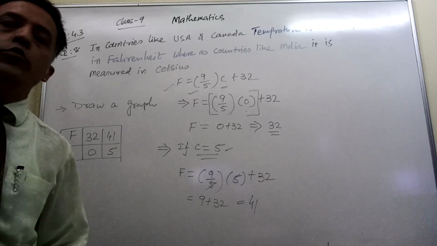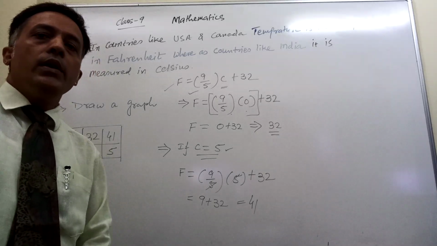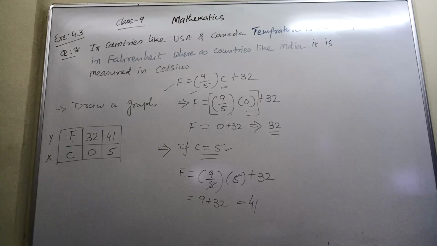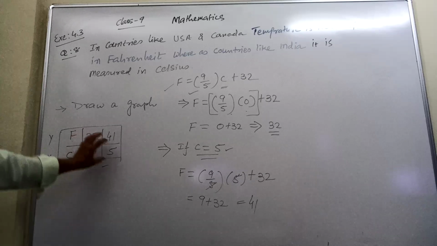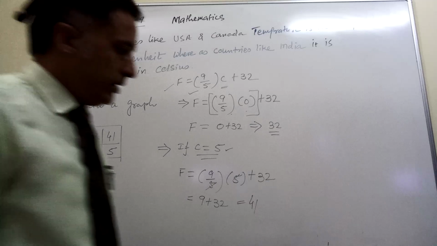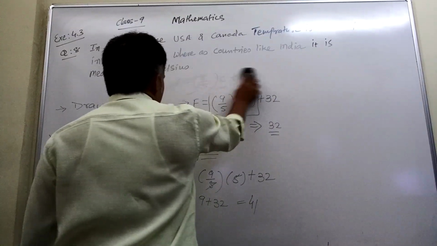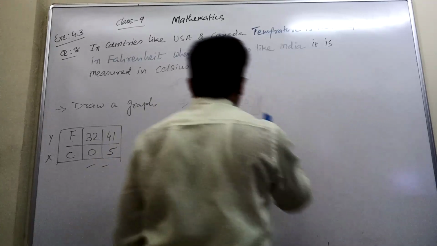Two points are enough to draw a line, because as you know, to draw a line a minimum of 2 points are required, so 2 points are enough for me. These points I will plot on graph paper, and then I will draw the graph for these values of Fahrenheit and Celsius. So let's draw a graph for Fahrenheit and Celsius.